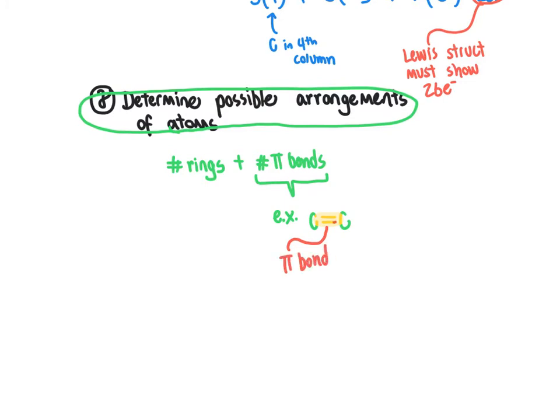So one of those 2 bonds, I'll just put it in red, is our pi bond. The other one is a sigma or single bond. And so the number of pi bonds here we would define as being 1 pi bond, because one of those 2 bonds is a sigma bond, the other one is a pi bond. Any bond beyond a single bond is defined as a pi bond.